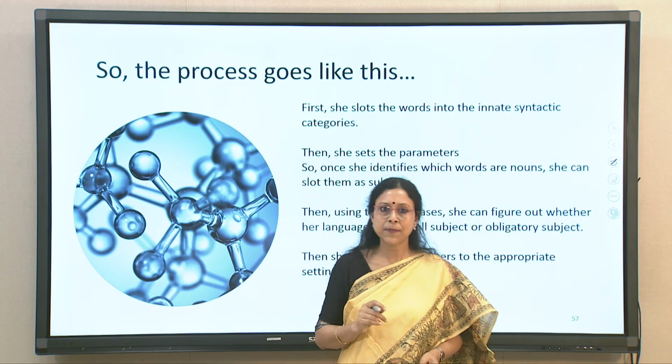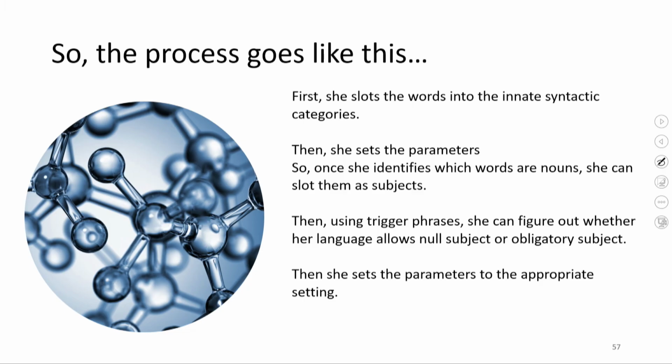That is the idea. So, the process goes like this: first she slots the words into innate syntactic categories, then she sets the parameters. Once she identifies which words are nouns, she can slot them as subjects. We have already seen that they do figure out nouns. So, nouns will become subjects, or objects if required.